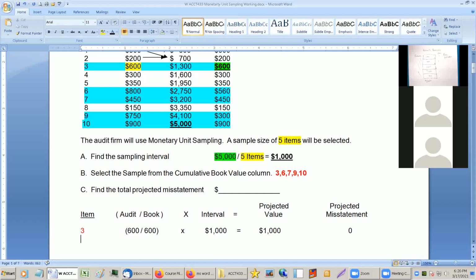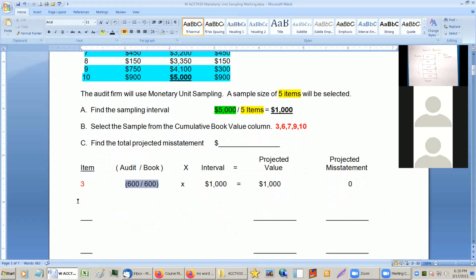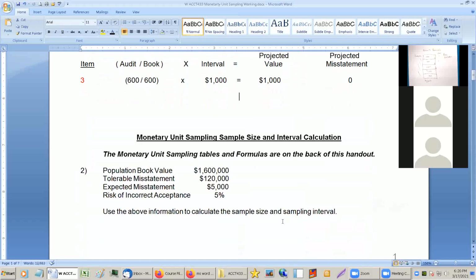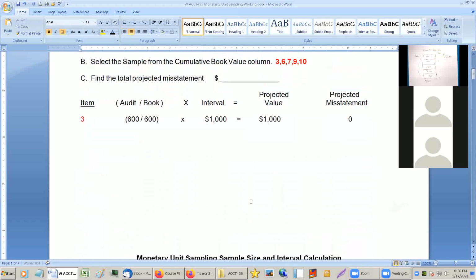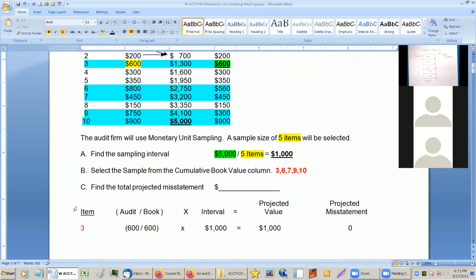Again, we're using one item for the entire interval. If that item checks out okay, we say the entire interval is okay. Let's go to the next one.